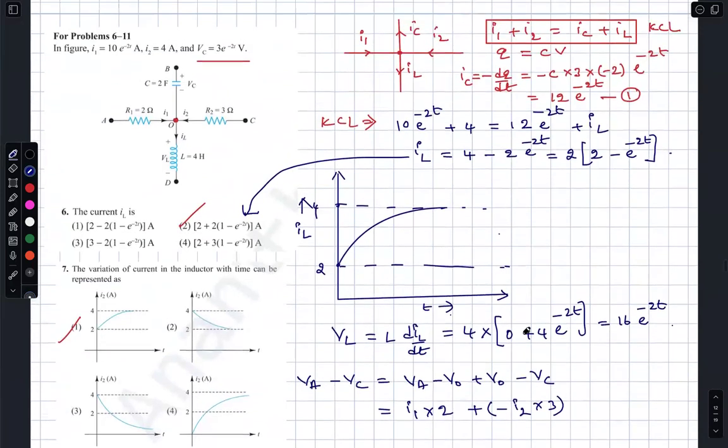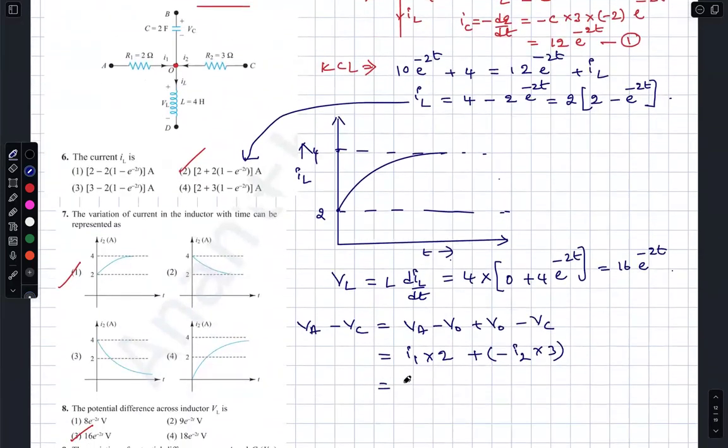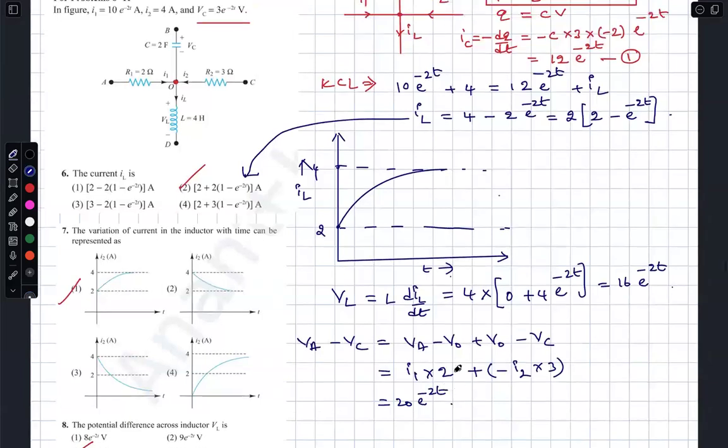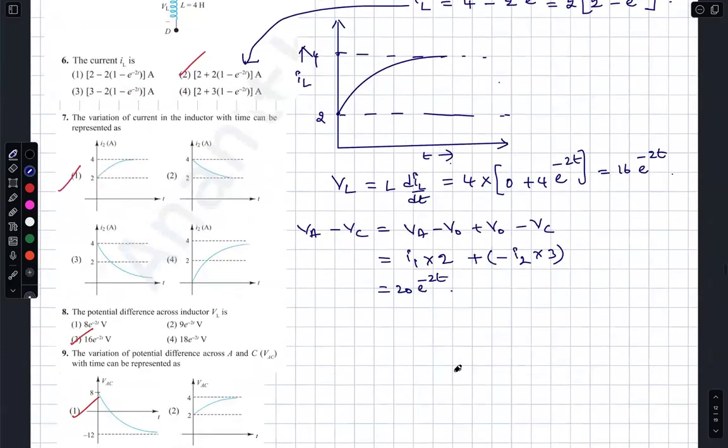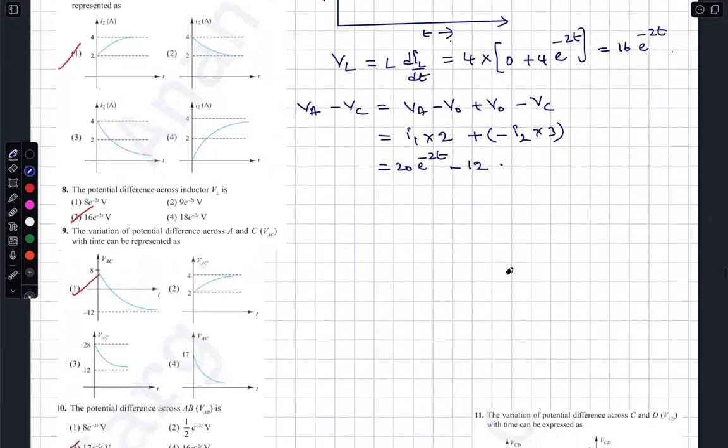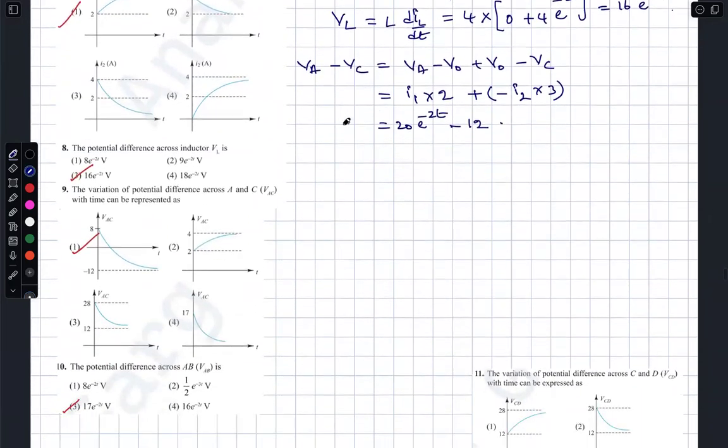They have clearly given what I1 and I2 are. What is I1? 10 into e power minus 2t. This is 20 times e power minus 2t. And I2 is already given, 4 minus 12. This is how your graph is. Don't get confused again. Let this be delta VAC.